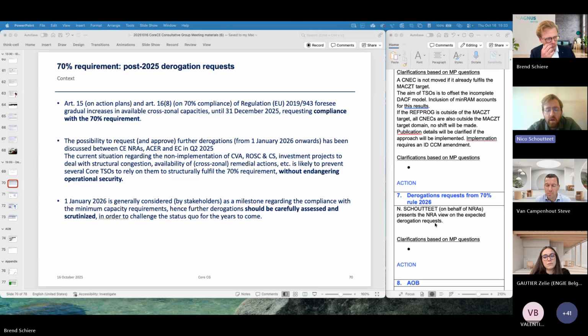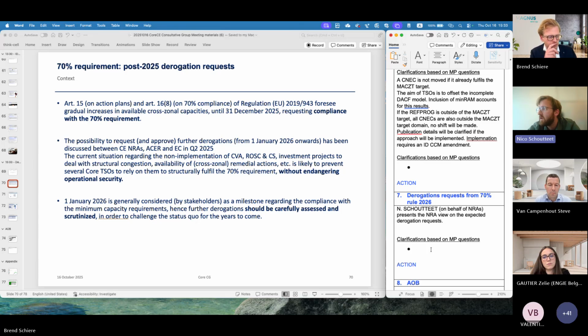That being said, we have discussed or we have implemented over the last years several aspects related to 70% compliance. So from a regulatory perspective, we have been engaging with our respective TSOs on how to comply with this.